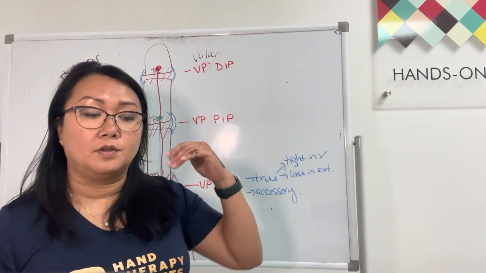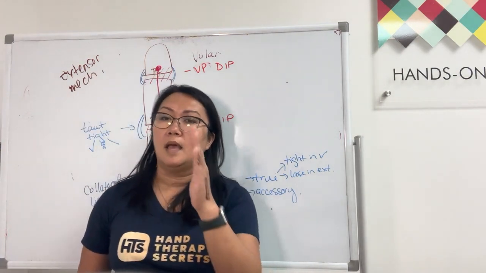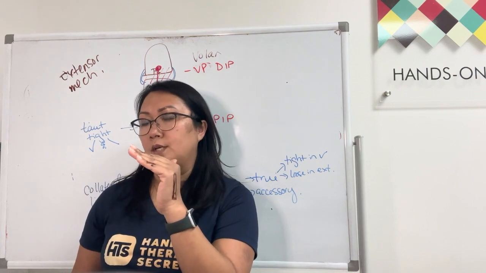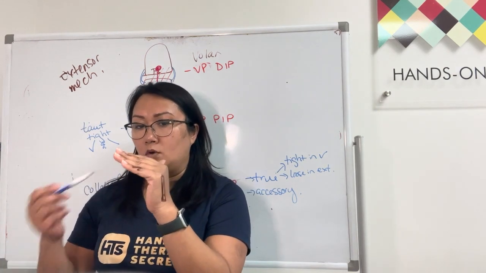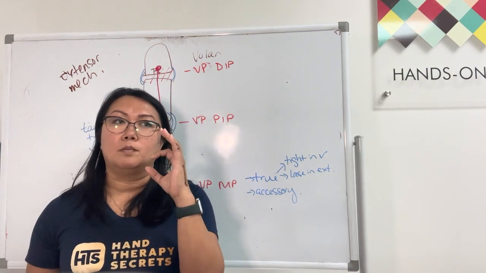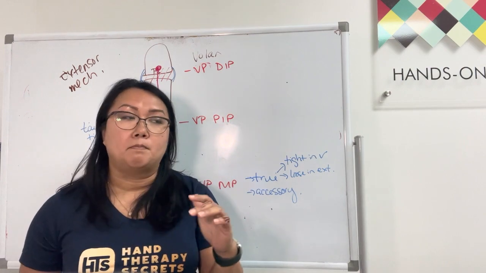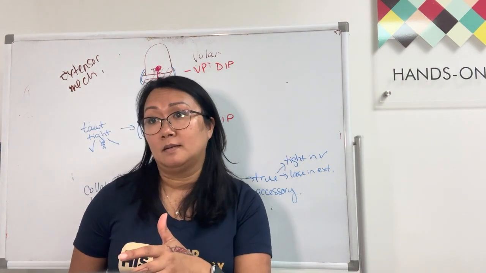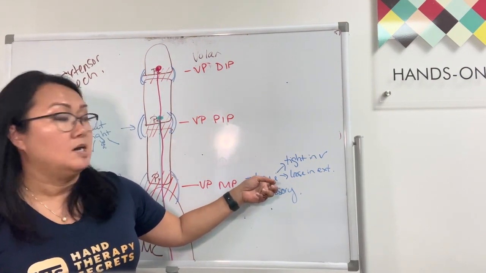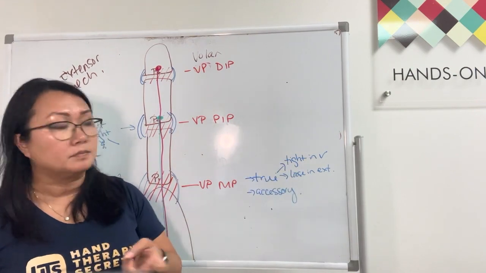And so you might understand that the MPs always need to be in a safe position of between 60 and 80 degrees, to protect the MPs from being stuck in extension. You might know that, but the why behind that is because of the collateral ligaments. The true portion being tight in flexion and being loose in extension.